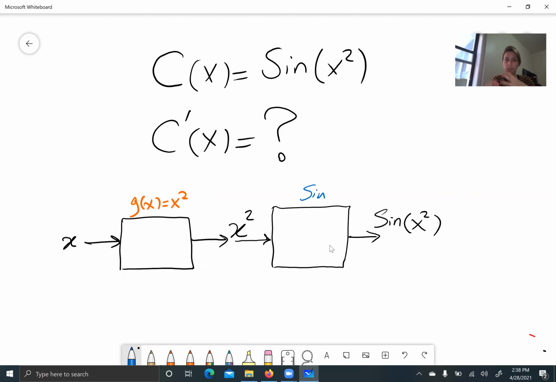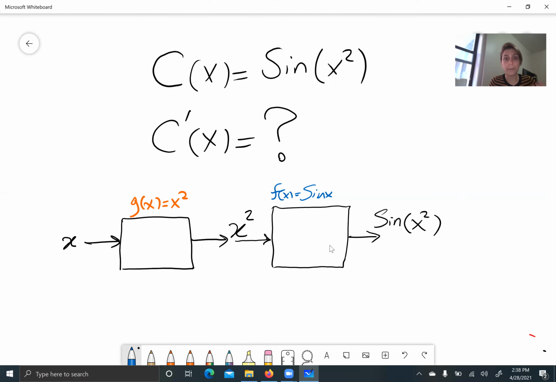So the second function in this calculation, we can call it f. You can give it any name that you want. Let's call this f. So the function f is just the sine function. One more time, sine of x squared is in fact the composition of two functions.